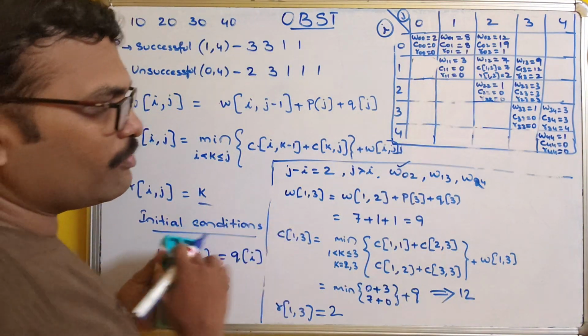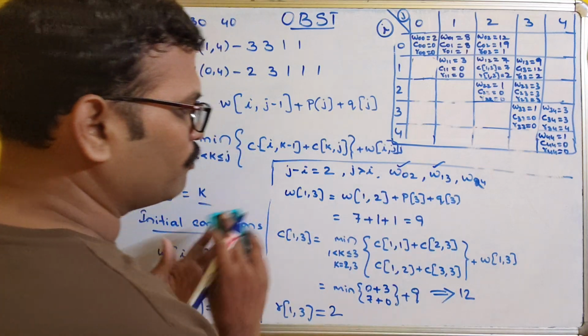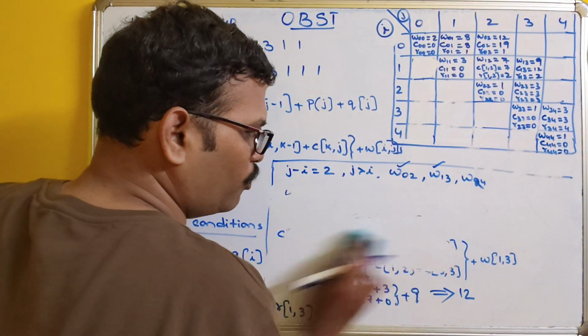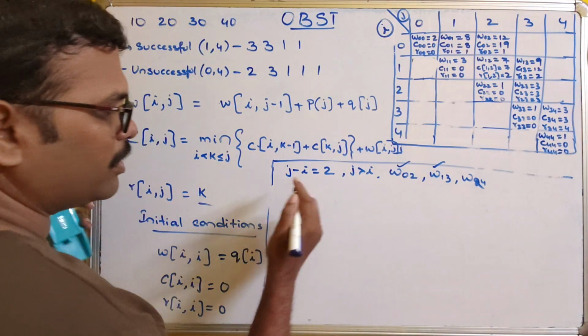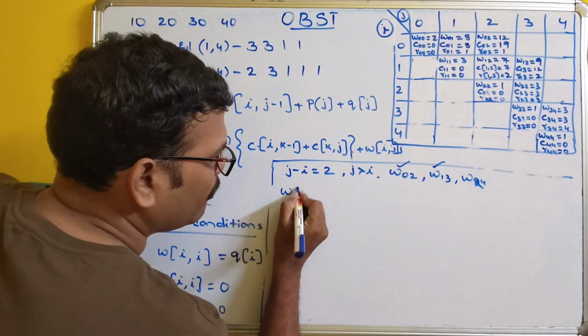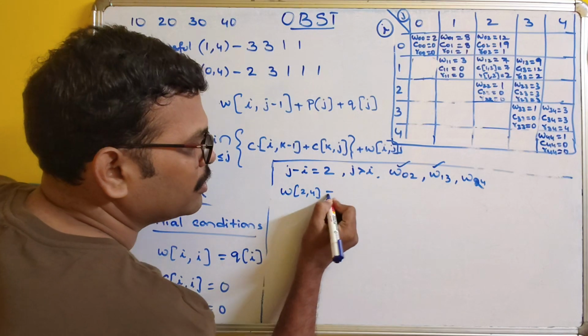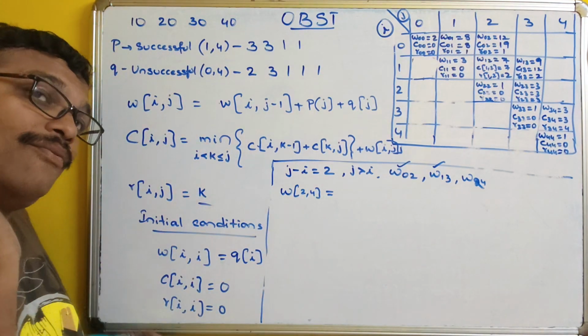Now there is one more case, which is 2, 4. We need to calculate the weight, cost and root for the nodes 2 and 4. So W of 2, 4. We are calculating for every combination.